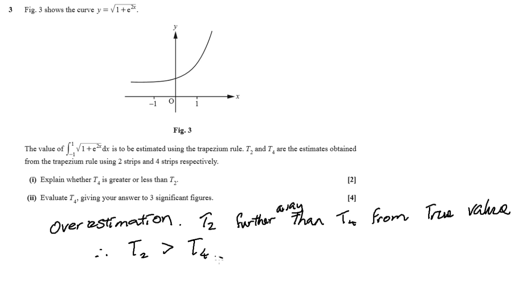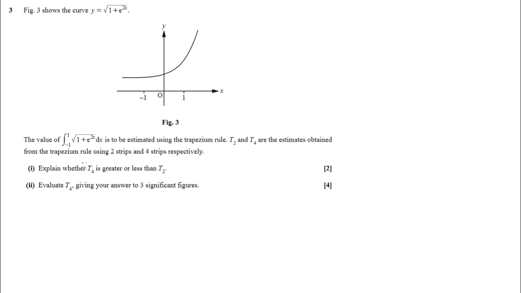And that is part 1 explained, because remember you need to explain, so use words, don't use numbers. Numbers wouldn't help. And part 2: evaluate T4 using the trapezium rule, because T4 is the estimate obtained by the trapezium rule. Do not try to integrate this. This is just going to be really, really nasty.